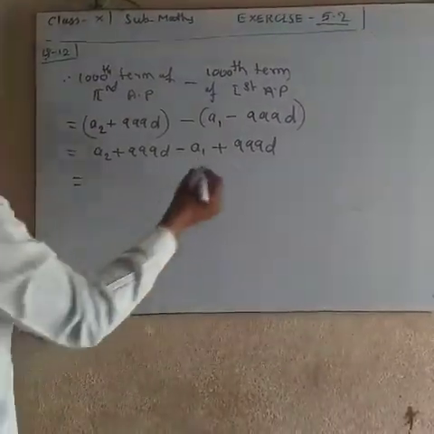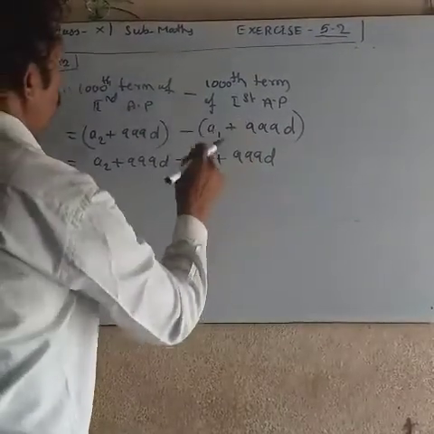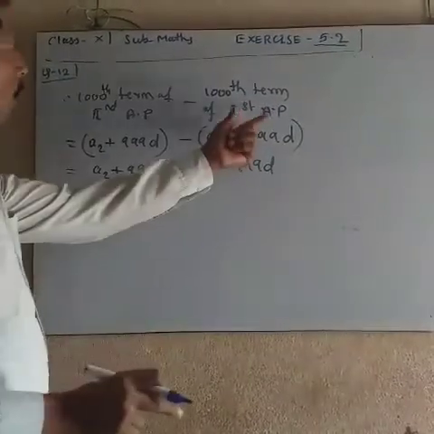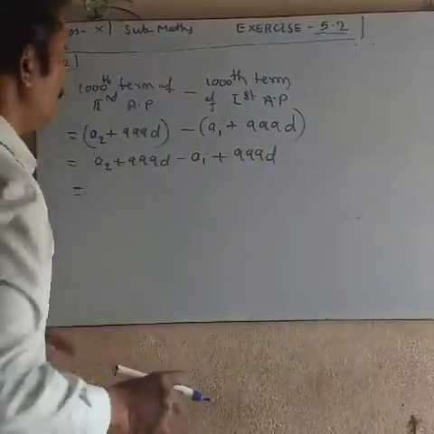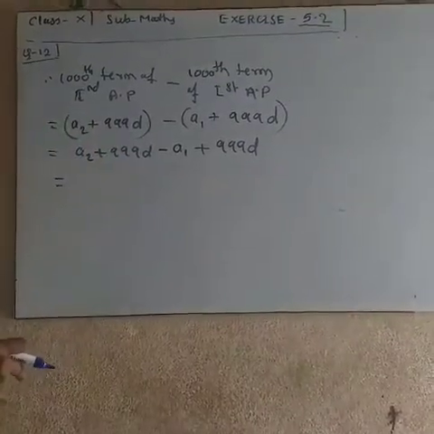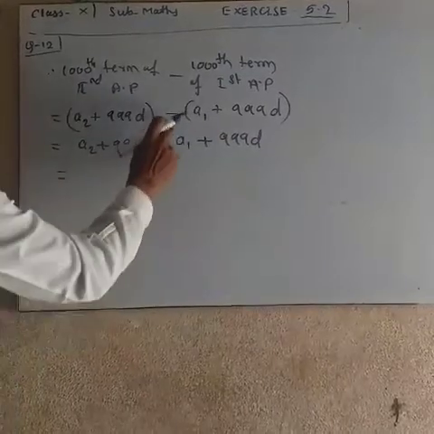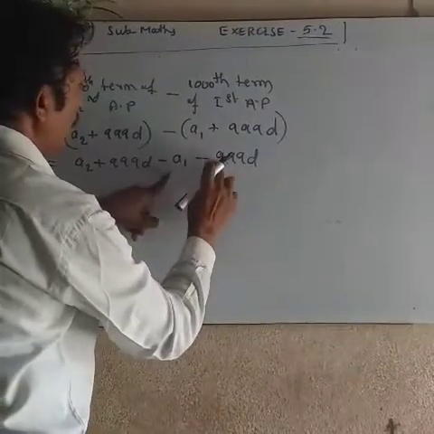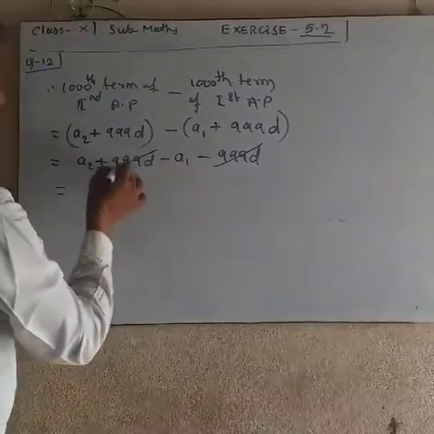The thousandth term of first AP is A1 plus 999D. The thousandth term of second AP is A2 plus 999D. By removing the bracket, this is A2 plus 999D minus A1, minus into plus is minus 999D. Now 999D minus and plus get canceled.